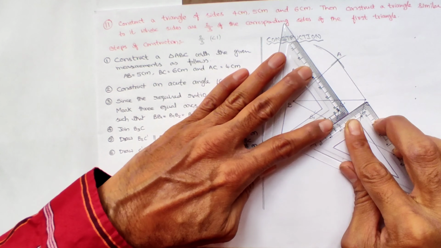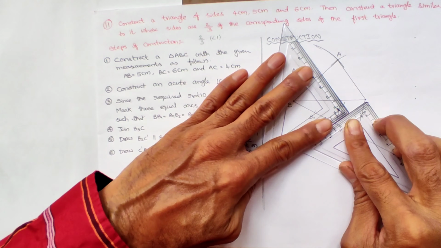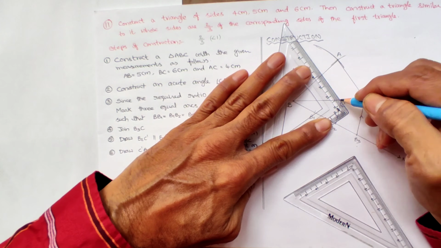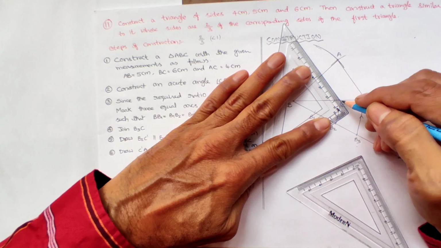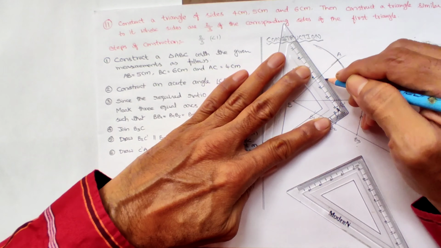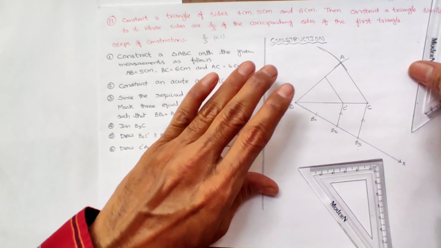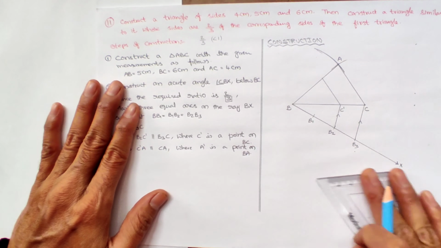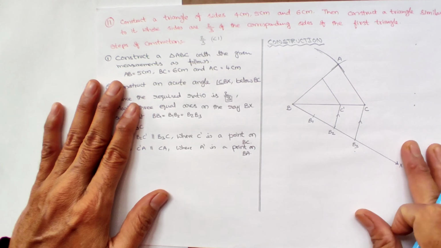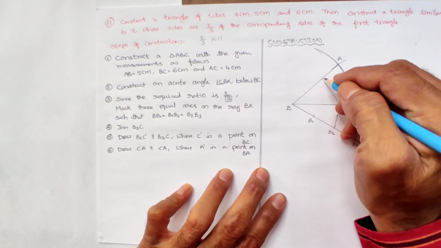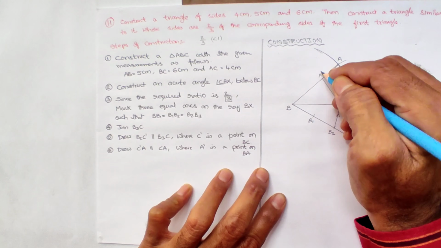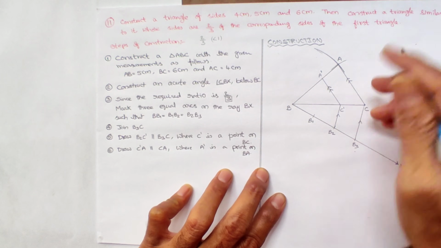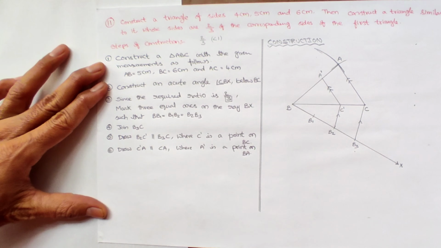So let us take a small pause, and from this C dash let us draw a parallel line now. Let us move the set squares aside. Here you observe this point can be taken as A dash. These two arrow marks indicate that these two are parallel, right?